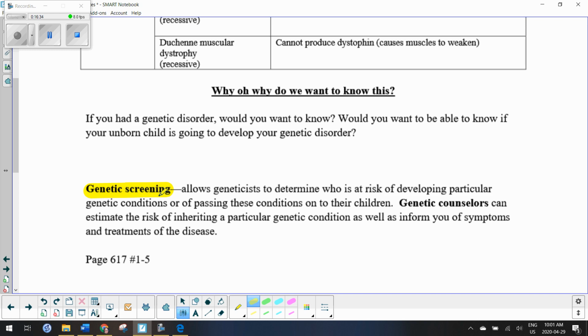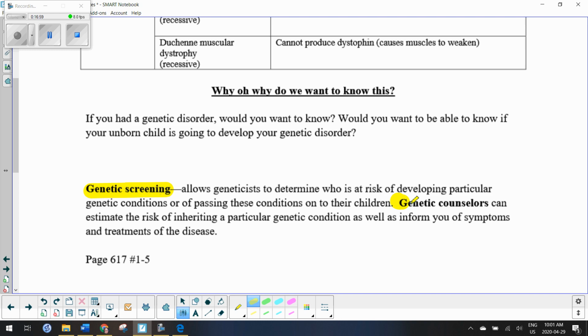So both of those were discussed in the reproduction unit. So they can use those. You can do a blood test to extract your genetic information from that, but generally they want to do these to determine if your unborn child is going to carry a genetic disorder.